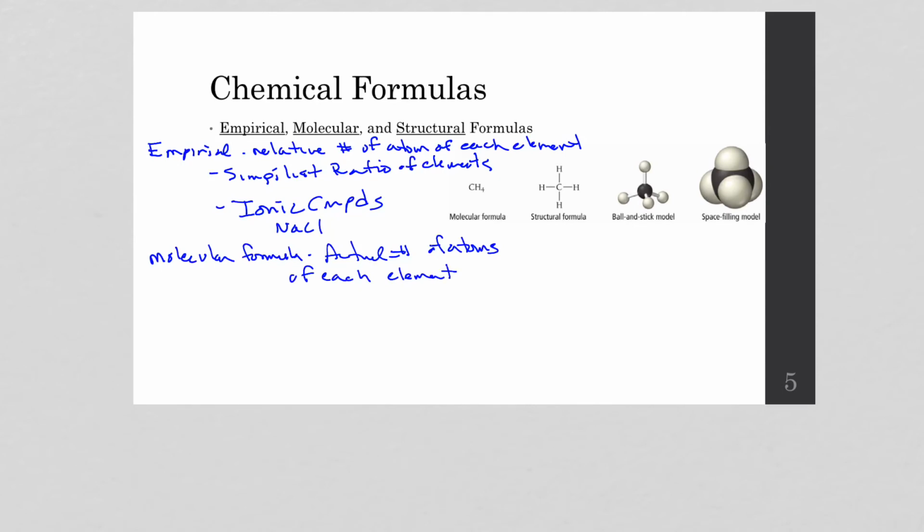So whereas the empirical shows the simplest, the molecular formula shows the actual number of atoms of each element in a molecule of the compound.